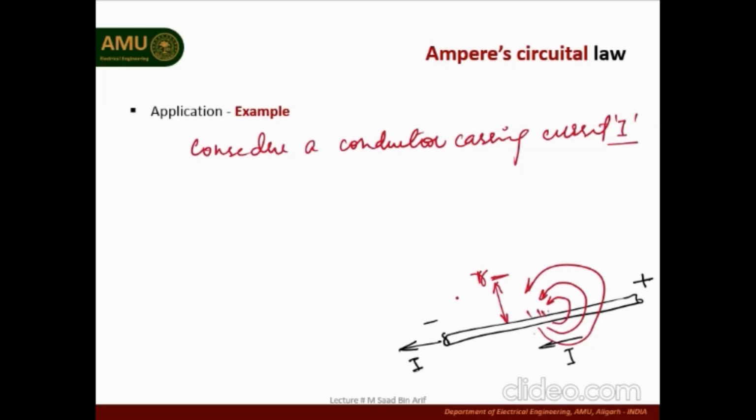As we know from Ampere's circuital law, we have to take the closed integral, and this closed integral is equal to H times 2 pi r, and this is equal to I. That is applying Ampere's circuital law.